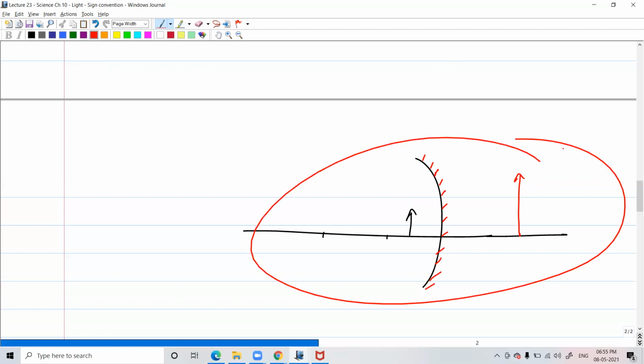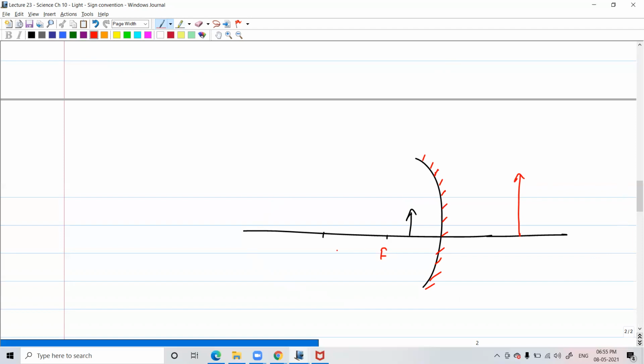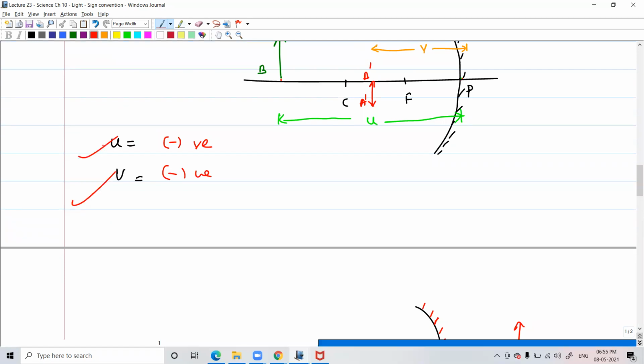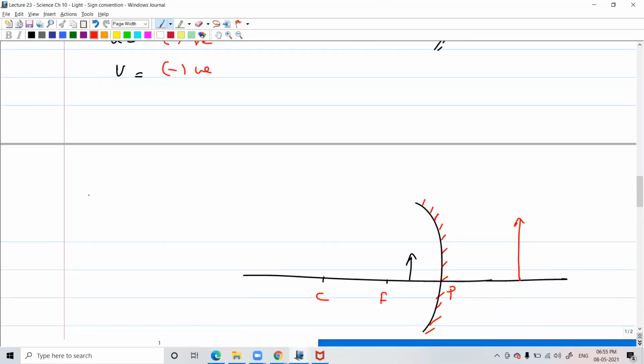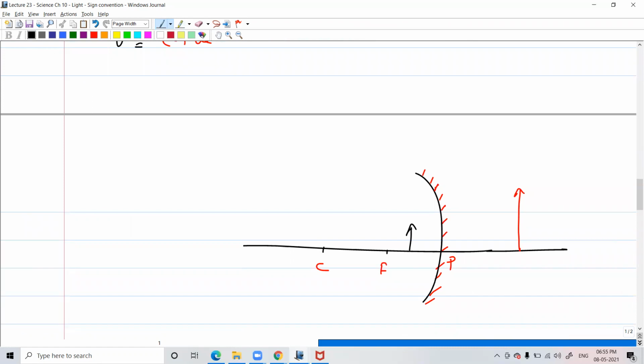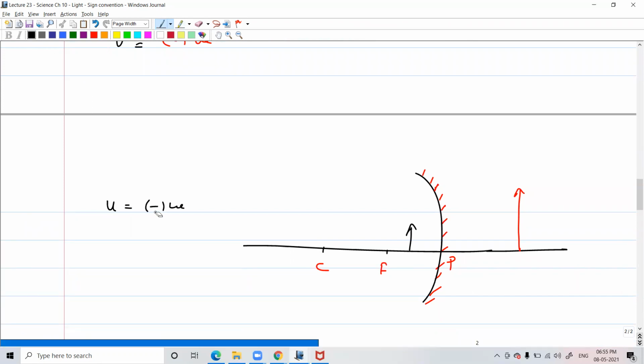Remember, this is only one possible case, where the object is between F and P. For all other cases, U and V both will be negative. For this particular case, you can see U is negative, but V is positive. And from here to here, this distance, we'll call it V.